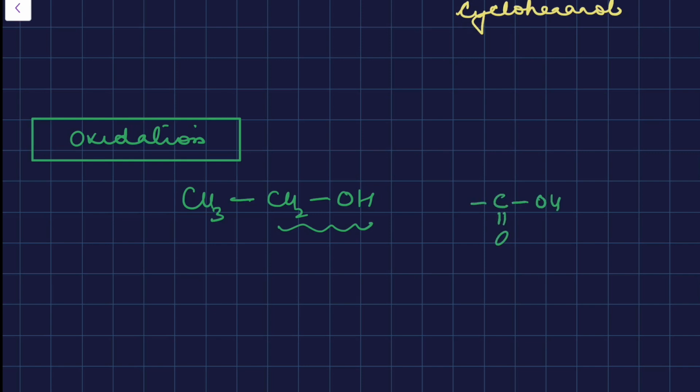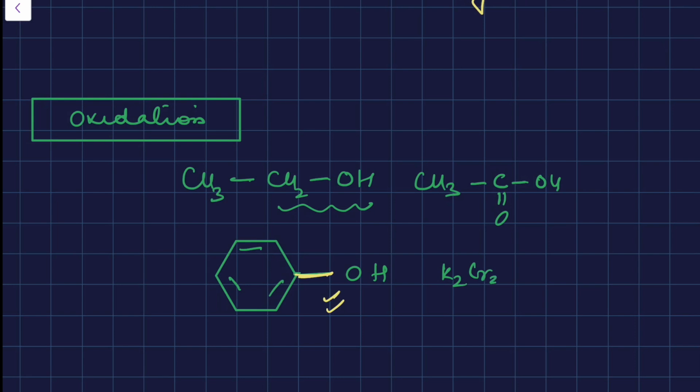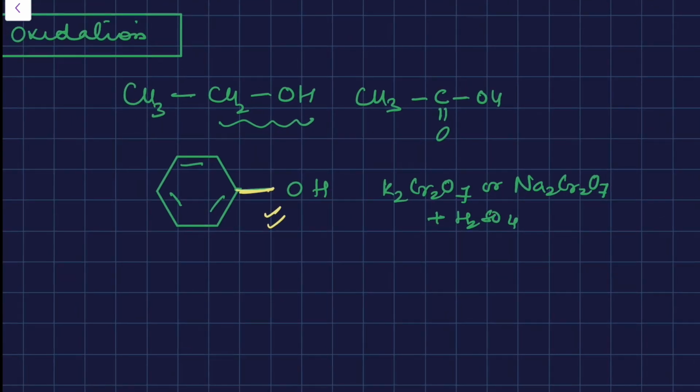In alcohols, it was very easy to oxidize an alcohol because this bond can easily give you C double bond O, right? But in benzene, this single bond is very difficult to get oxidized to C double bond O. And so what happens is, when we use potassium dichromate or sodium dichromate, which are very strong oxidizing agents, in H2SO4, the benzene ring oxidizes, and this is known as para-benzoquinone.